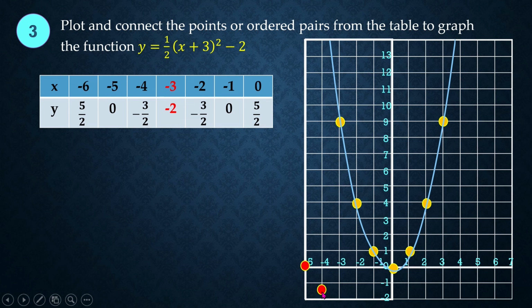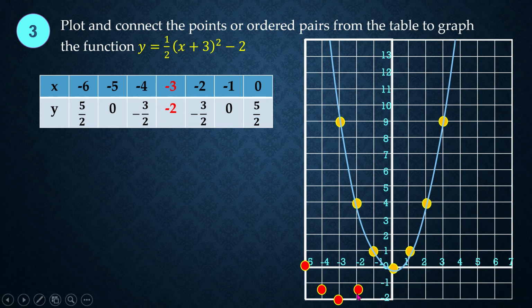Next, negative 3, negative 2. X is negative 3, y is negative 2. Then, x is negative 2, y going down is negative 3/2, which is negative 1 and 1/2 as a mixed number. So, going down negative 1 and 1/2.